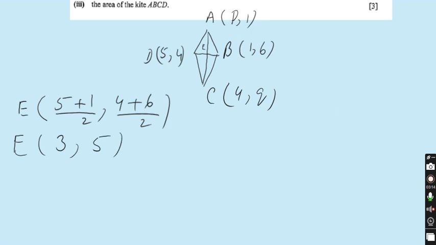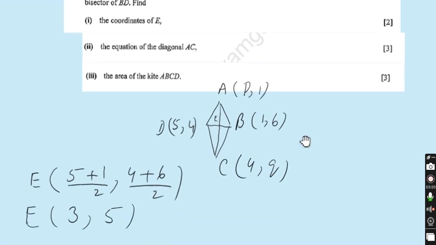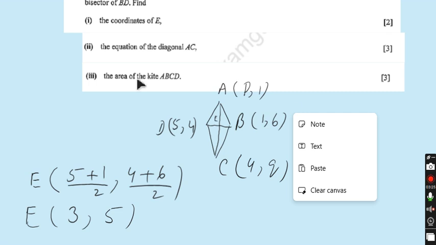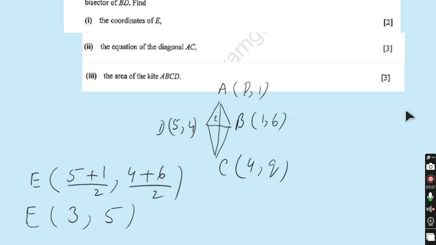So the coordinates of E are (3, 5). This is the answer to part 1. What is part 2?